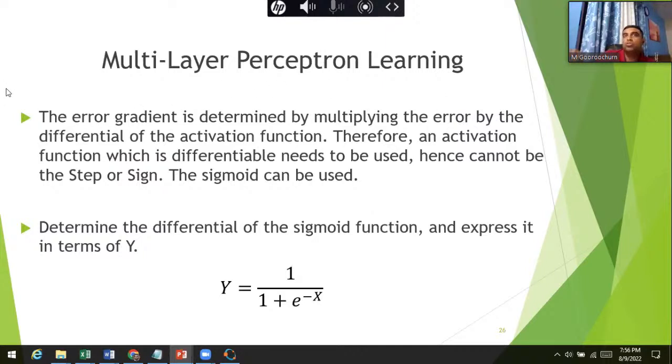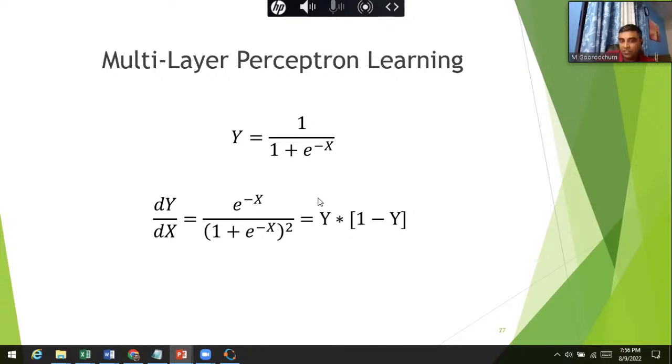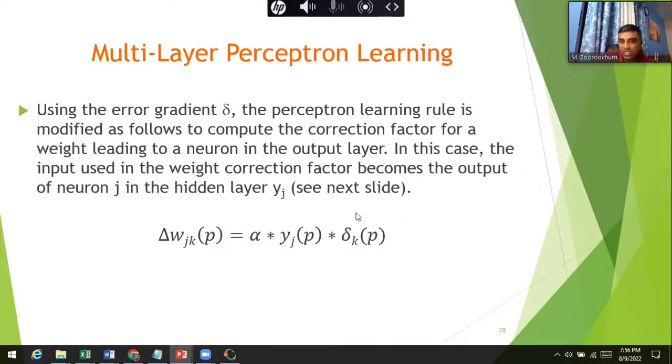So we're going to introduce a new parameter called delta, which is simply equal to y into 1 minus y, which you've just got, but multiplied by the error. So I'm basically replacing my e in my alpha times x times e by delta. This is why you have a delta.